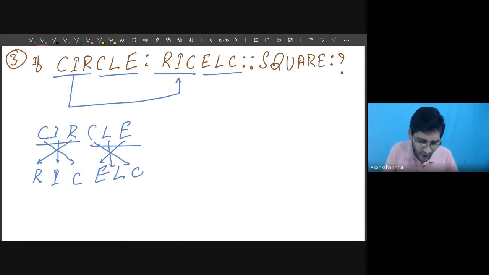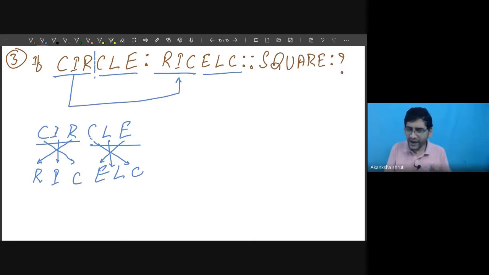Means what we are observing here: the word is divided into 2 parts, and in each part there is a reversal, or rearrangement. Similarly, you need to divide it. Here it is 6 characters. Here also it is 6. SQUARE is also 6 characters. So no issues. Now, from the first part of SQUARE, you need to bring the third one first, so U, then Q has to be copied as it is, S will come after this one.